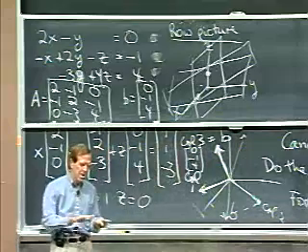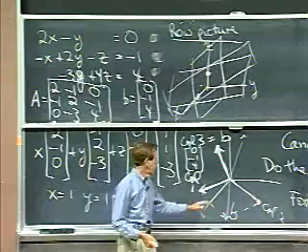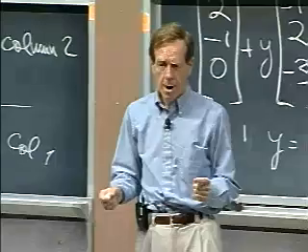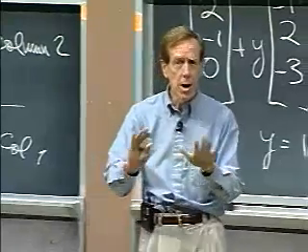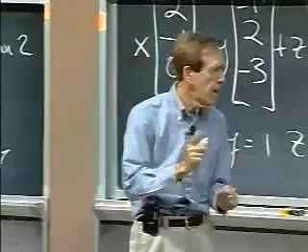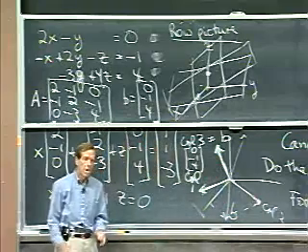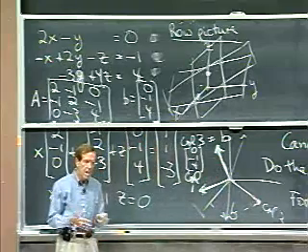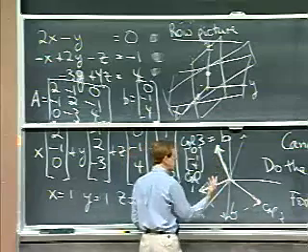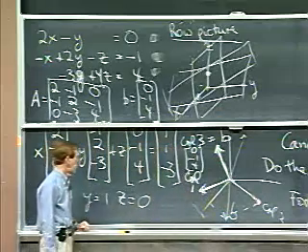Do you see that the combinations, let me say when it goes wrong. If these 3 columns all lie in the same plane, then their combinations will lie in that same plane. So then we're in trouble. If the 3 vectors happen to lie in the same plane, for example, if column 3 is just the sum of column 1 and column 2, I would be in trouble.